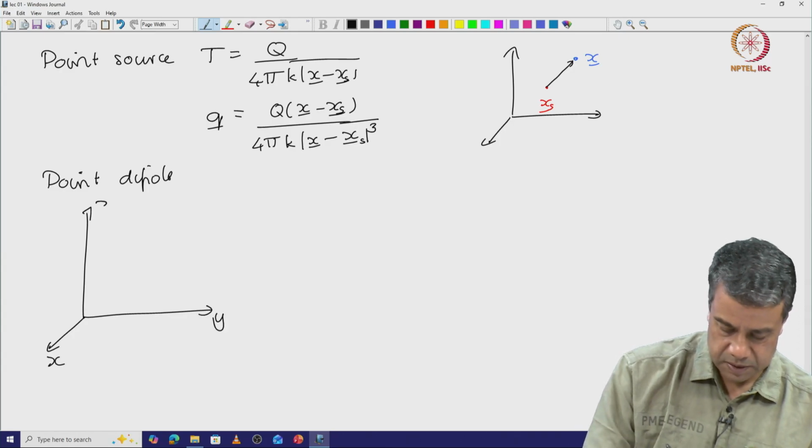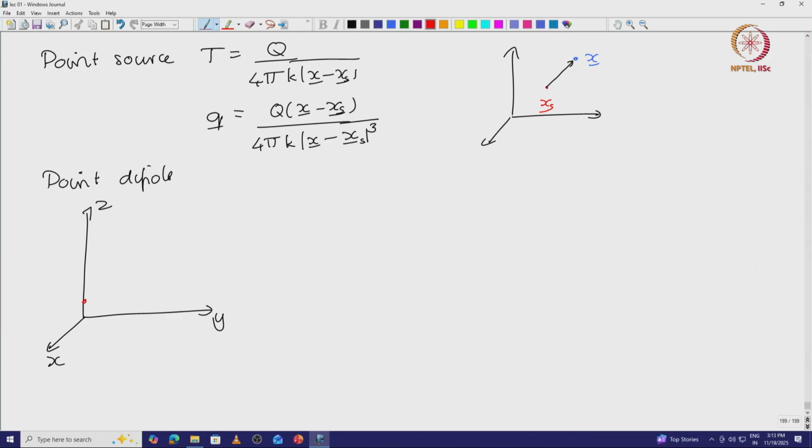Consider a source point of source strength plus q, and a sink of minus q, separated by a distance L. We are looking at the temperature field at some observation point x, due to the combination of the source, which is emitting heat, and the sink, which is absorbing heat, in the limit where L is much less than the distance from the origin.